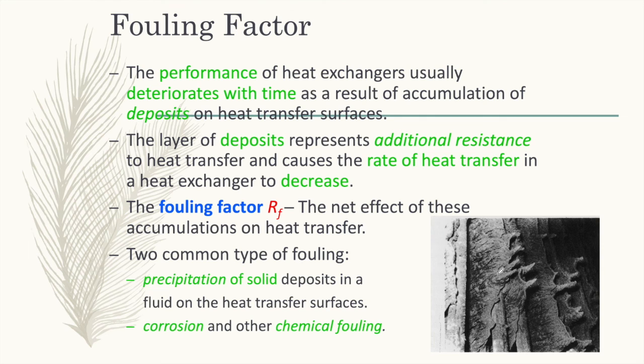Maybe this is the figure from inside of your tubes. There will be a deposit of minerals or chemicals on the tube surfaces, and this deposit will create additional resistance.